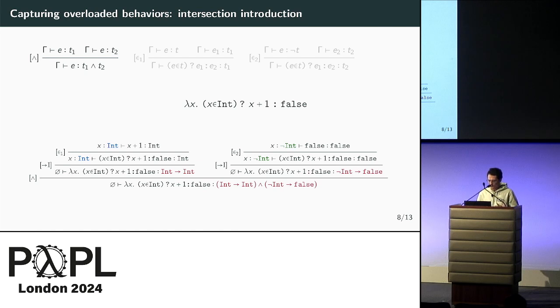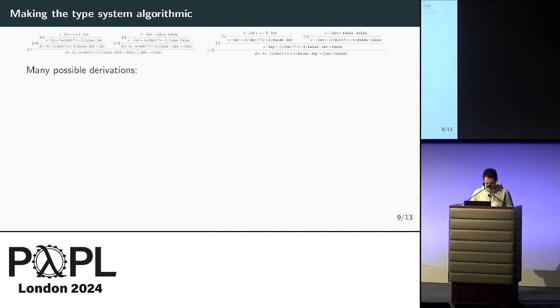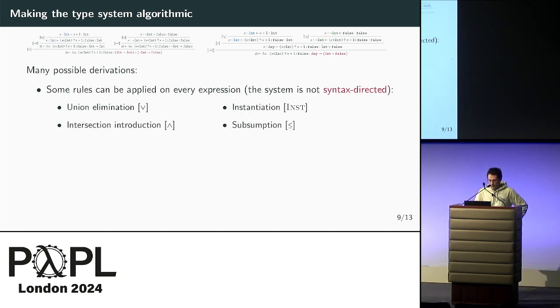So, as we have seen, there are several possible derivations which may yield different types. And this is an issue because we want an algorithm. Actually, there are several sources of non-determinism. First, some rules can be applied on every expression, making the system not syntax-directed. This is the case of the union elimination rule, the intersection introduction, the instantiation, and the subsumption.